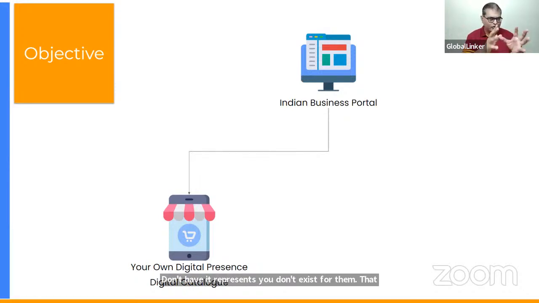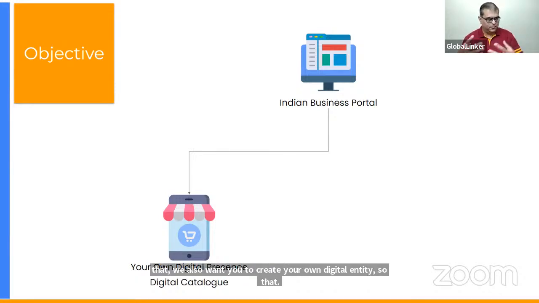So that is the first objective that the Indian Business Portal wants to solve, so that all of you also have your own digital presence. International buyers can find you through us, through Indian Business Portal. That is obviously what we are striving for. But in addition to that, we also want you to create your own digital entity, so that you can be found.